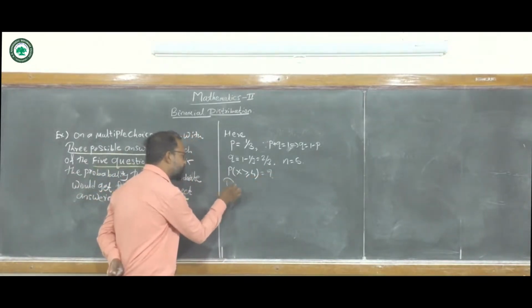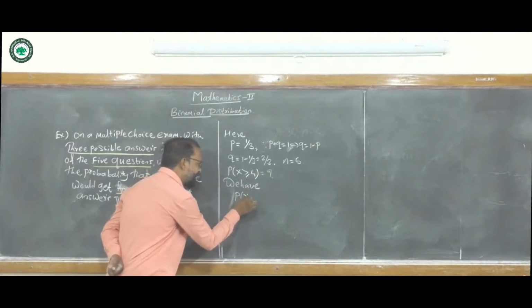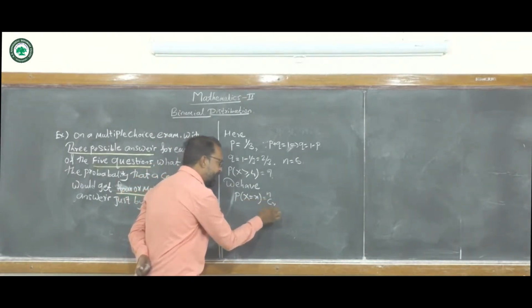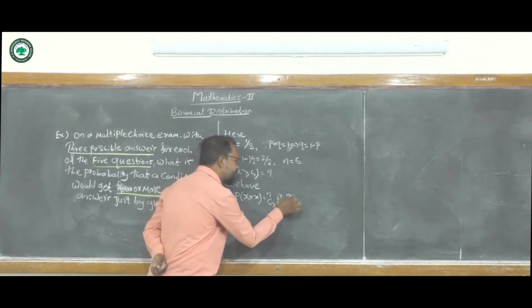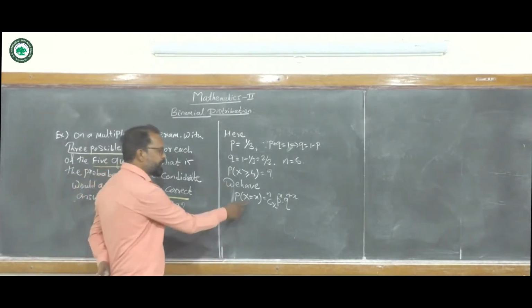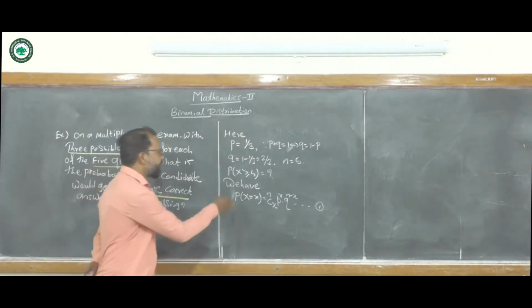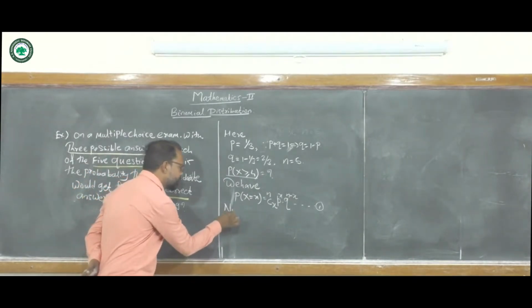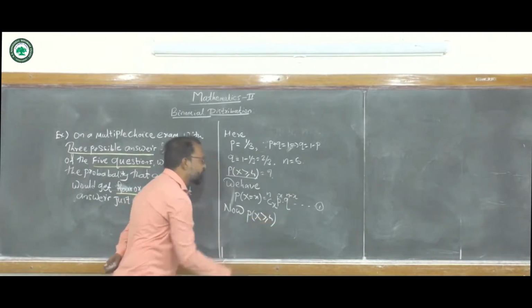Now we have the formula, that is, probability of getting x successes is nCx p raised to x into q raised to n minus x. Now, by using this formula, equation number 1, we have to find probability of x greater than or equal to 4.